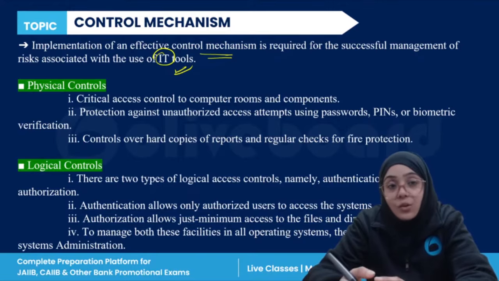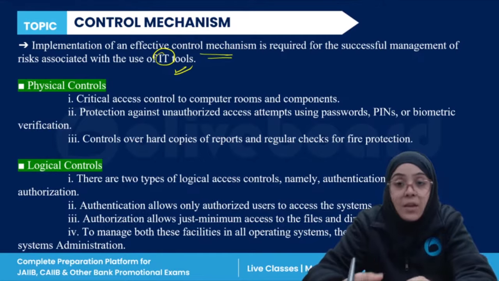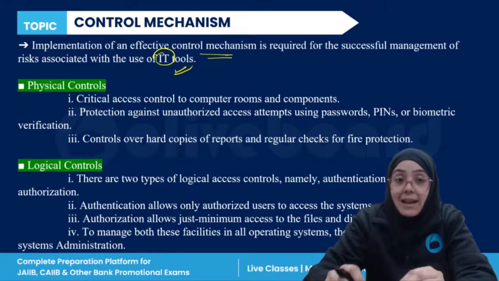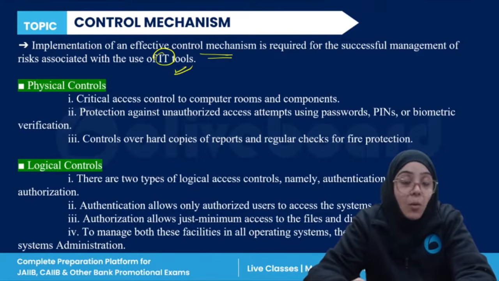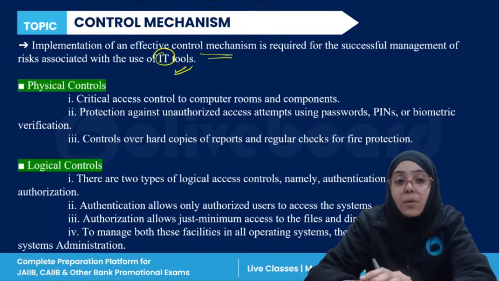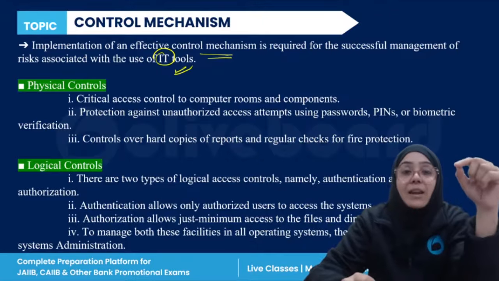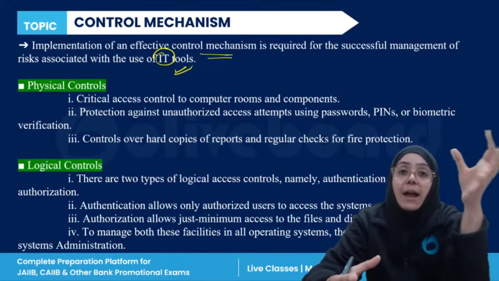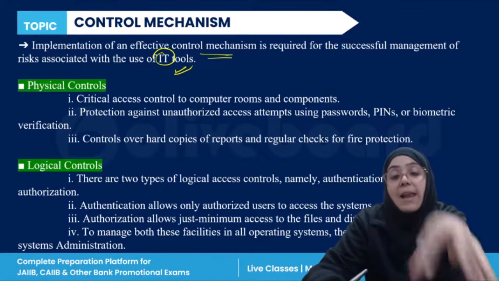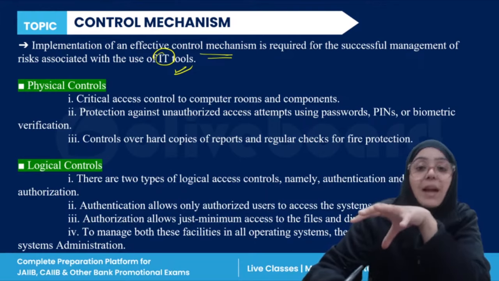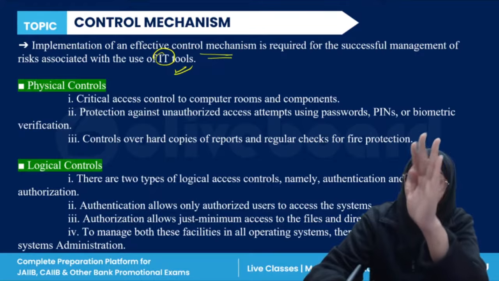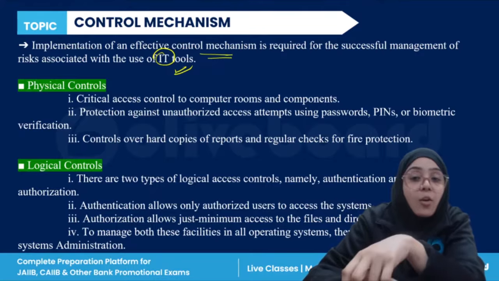So there are physical controls, and there are logical controls also. If we talk about the physical controls, first of all, critical access control to the computer rooms and components. Everyone should not have access to the computer rooms and components. It should be very critical, and only those who are authorized for that work are allowed to have access.